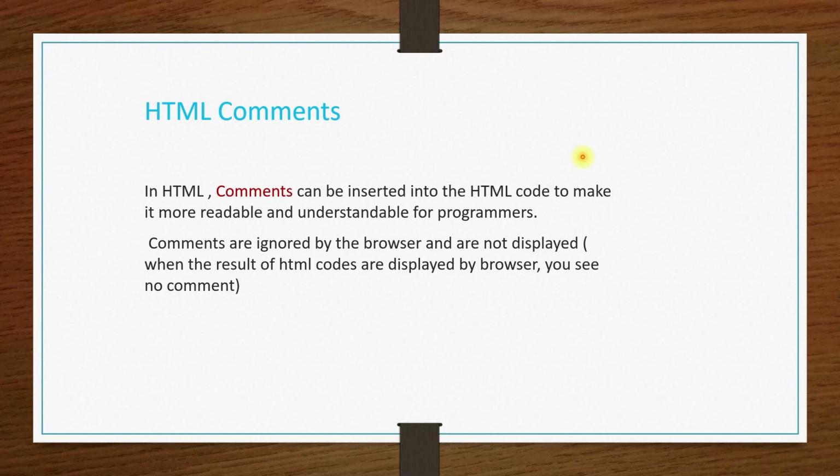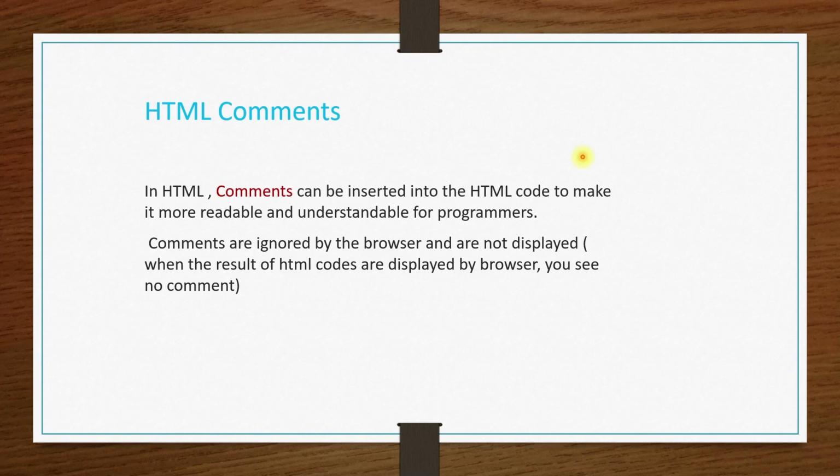When they exchange their codes, you understand that a web page is not only 1 line of code, 2 lines, or 3 lines. No, maybe in one web page there are more than 1,000 lines of code.